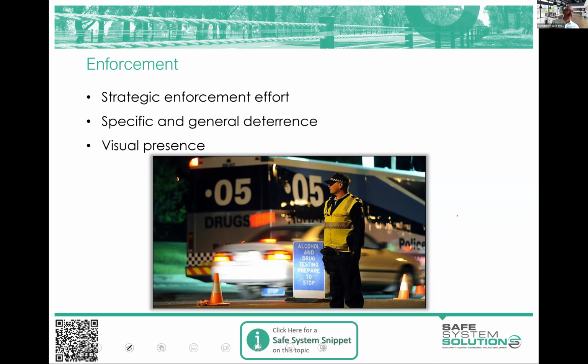And we see an interesting thing called the halo effect, which is incredibly good behavior around a visual presence of police, and then it goes back to normal driving behavior after that. The halo can be, there are a few different studies on it, 500 meters to about 2 kilometers.